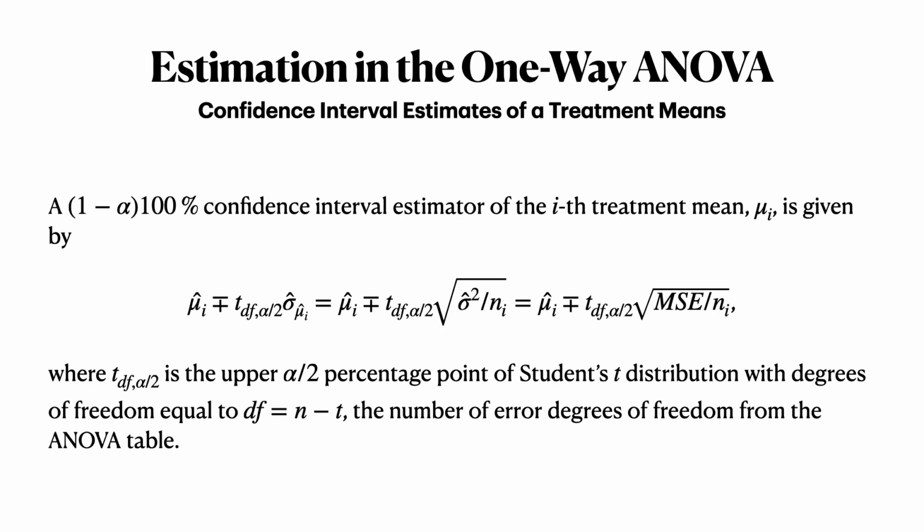The estimated standard error of mu hat sub I, again, is the square root of the MSE from the ANOVA table divided by n sub I.